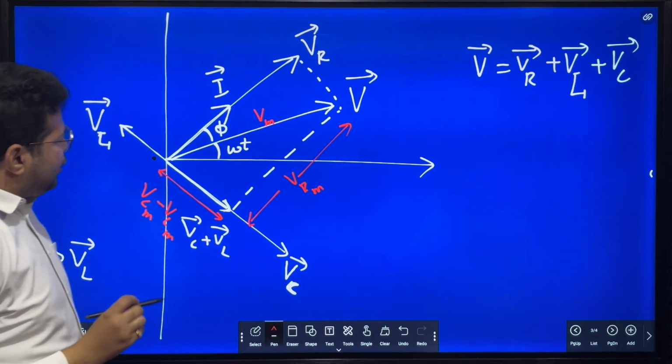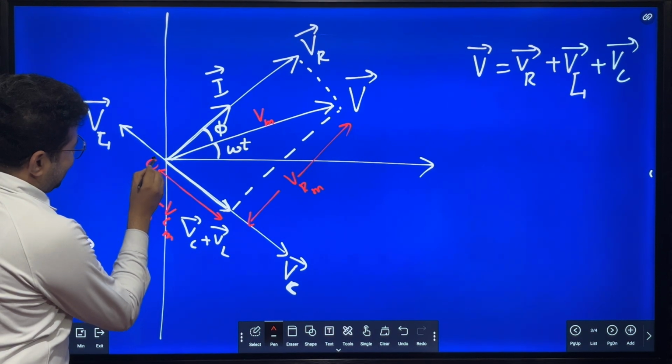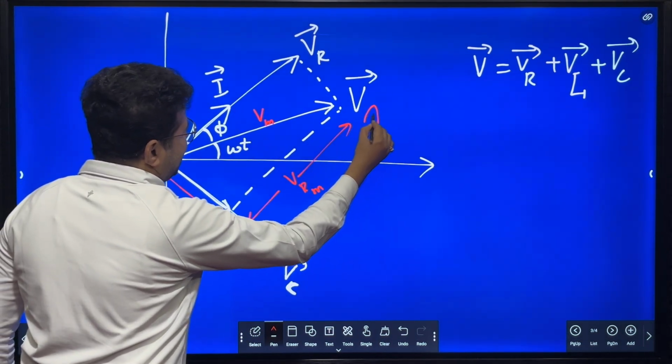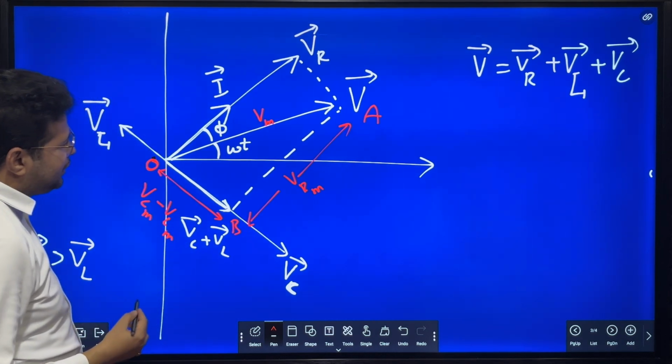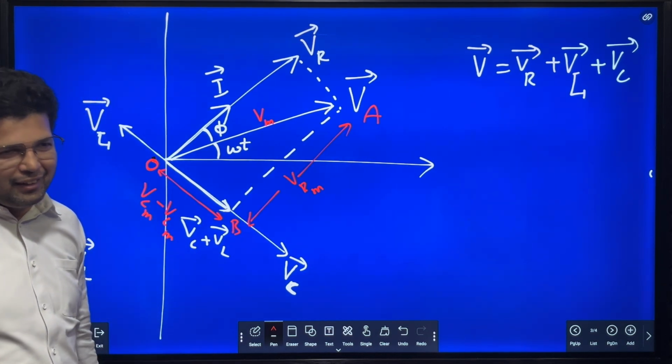Now I'll name this triangle: this is O, this is A, this is B. So we have got a right angle triangle here.